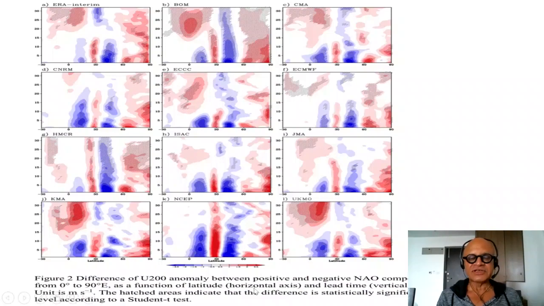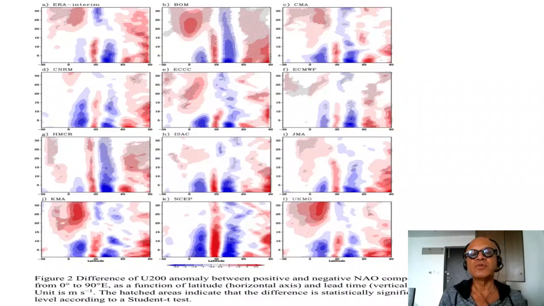The hatched areas indicate that the difference is statistically significant. So you can see here on the horizontal axis we have the latitude, so you are going from South Pole to the North Pole, and you are looking at, am I right? Yeah. No, minus 30 to the North Pole. Sorry, that's not minus 90.